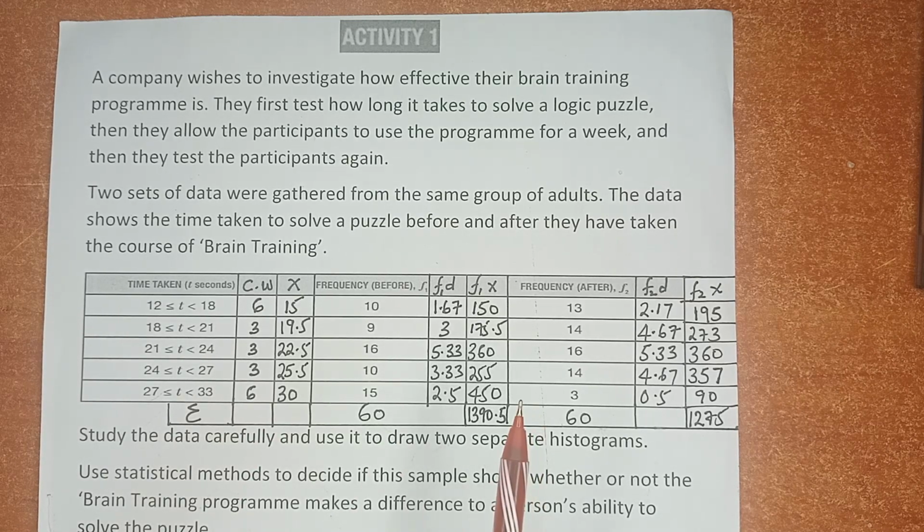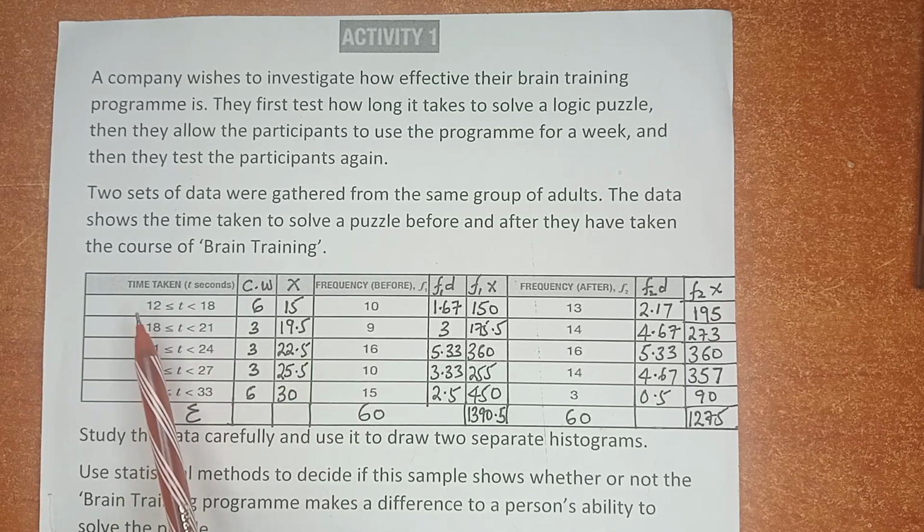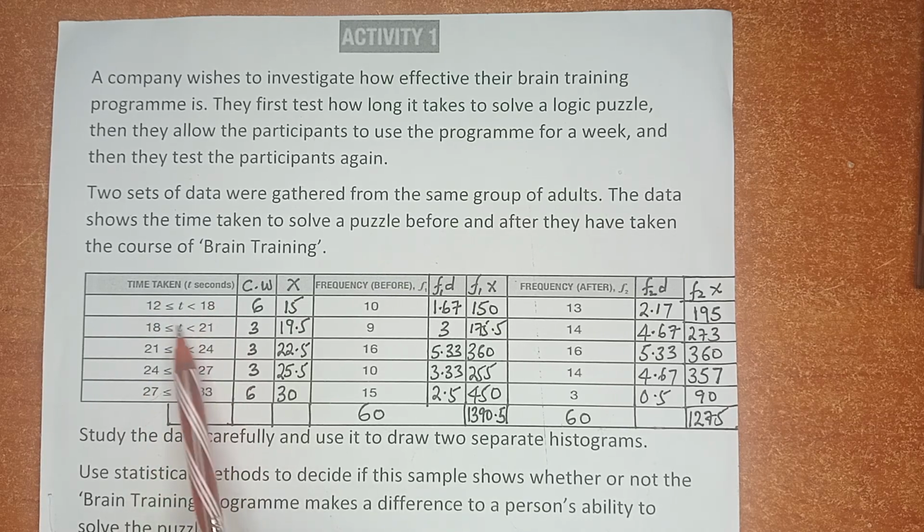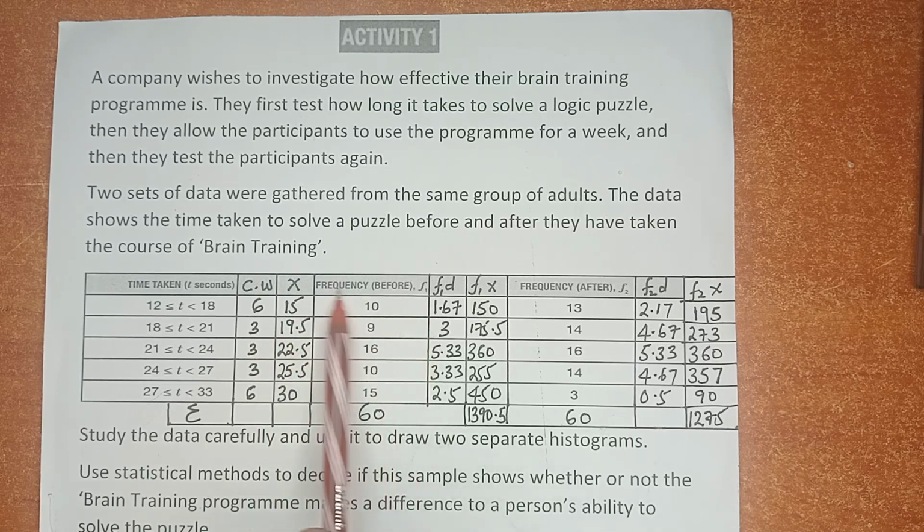I want to just explain the table. It looks like so much detail, but I have chosen to work out this question first and then come back and explain it. Originally, the table had the time taken in seconds. These are the classes from 12 to 18 seconds, 18 to 21 seconds. We didn't have these extra columns. We had the frequency before and the frequency after.